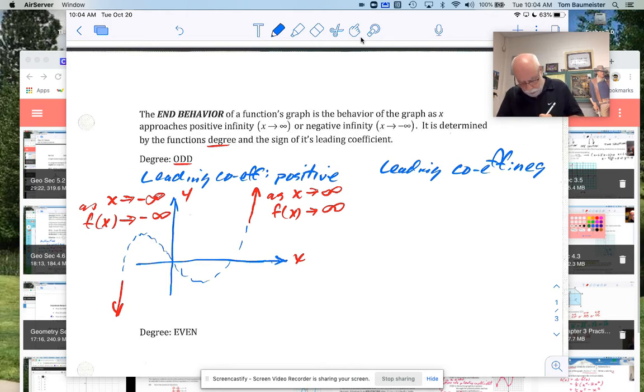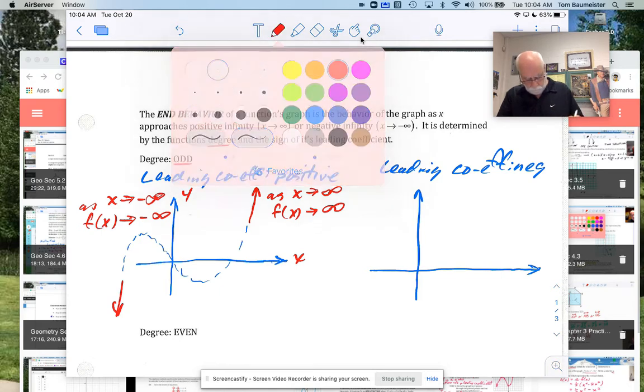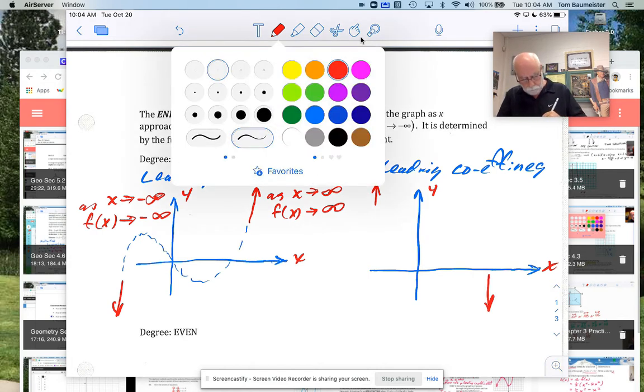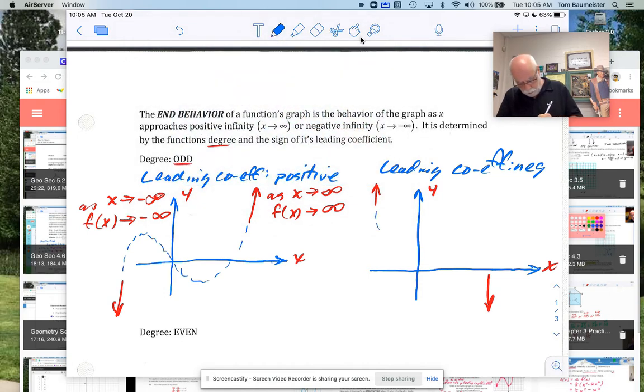So on this one here, this is again my y-axis, this here is my x-axis, and I know this time I'm going to have it going like this. All right. And again, I'm just going to draw a function here.